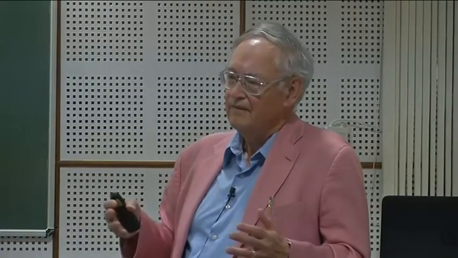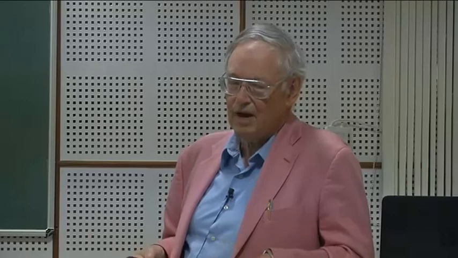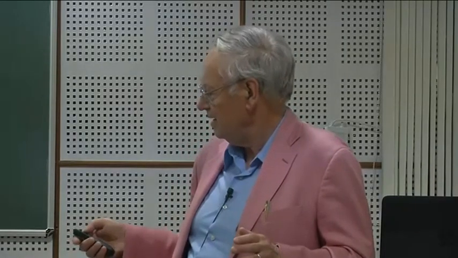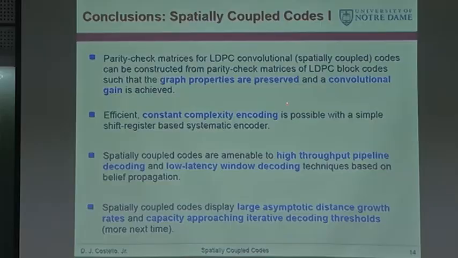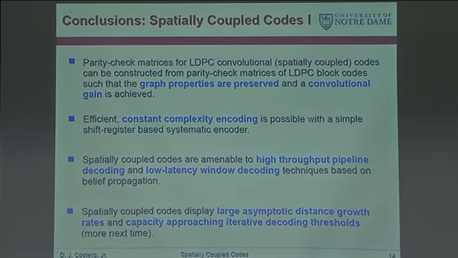There's no real need to look at different kinds of irregular designs, because with the slight irregularity at the end, you get what you want already. This first part, parity check matrices for LDPC convolutional codes, we'll call spatially coupled starting in the next lecture, because from the graph point of view, it makes some sense to use that terminology. These can be constructed from parity check matrices of LDPC block codes.